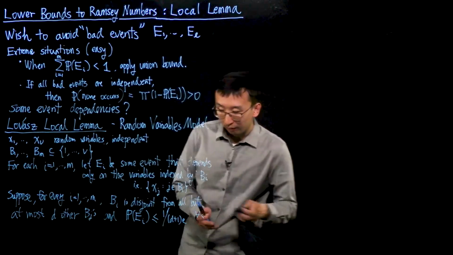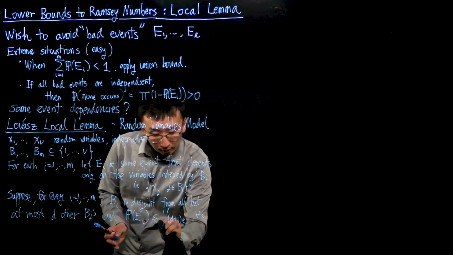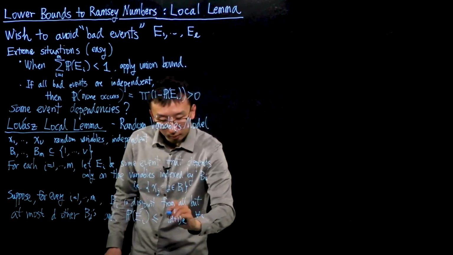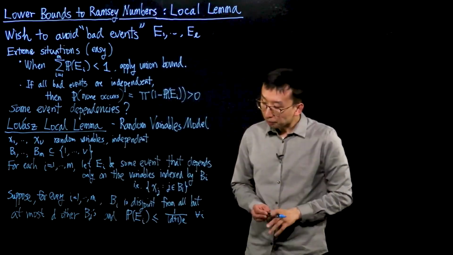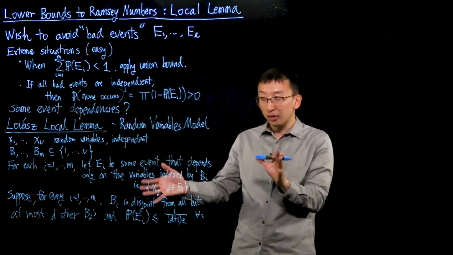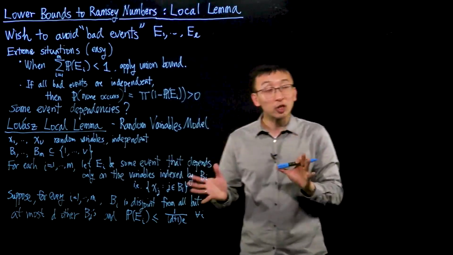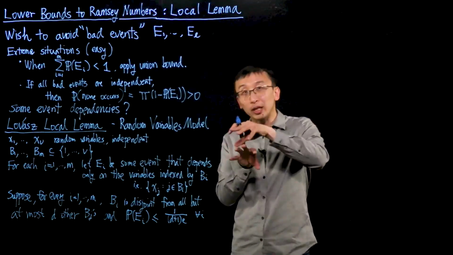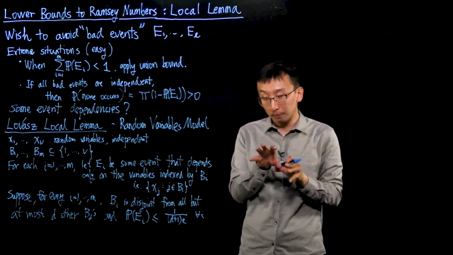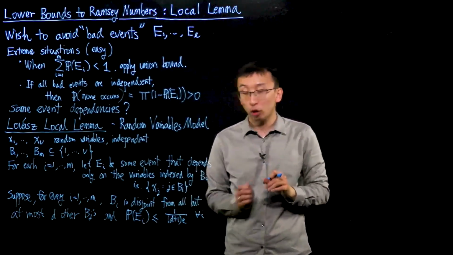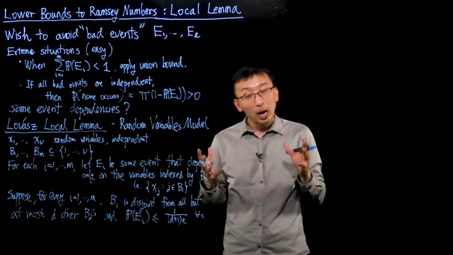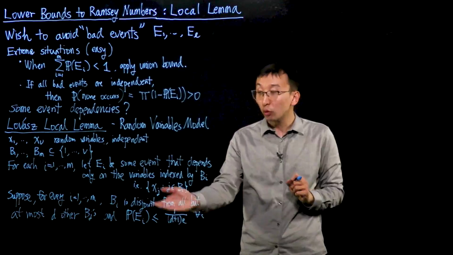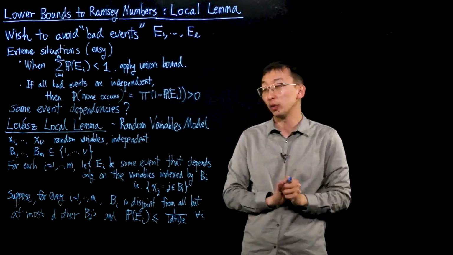Okay, so these are all the hypotheses. There's a lot, but roughly speaking, it's saying that every bad event is related to only a small number of other bad events. And each event occurs with not too high probability, which depends not on the total number of events, but only on this d, the number of other events that it is associated with.